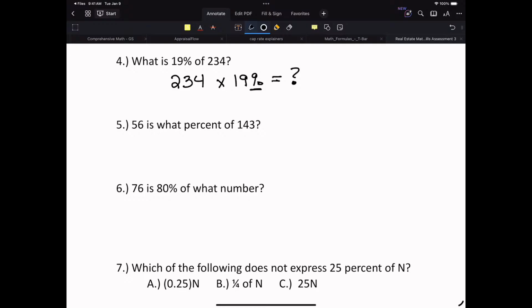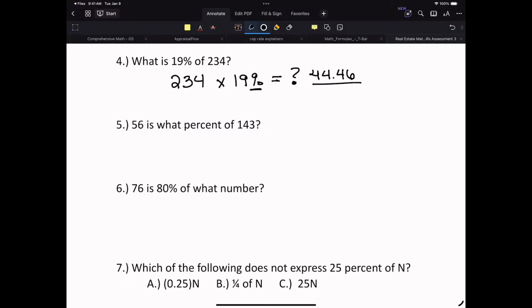So 234 times 19% is going to give us 0.44. Oh, sorry, it's 44.46. It helps me if I actually get this right. 44.46. Great.